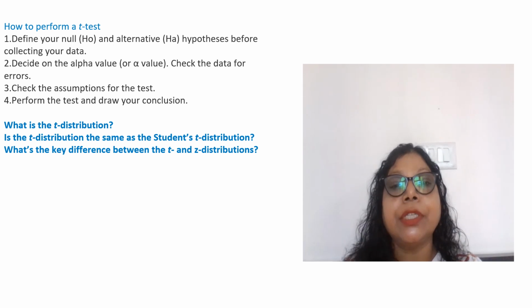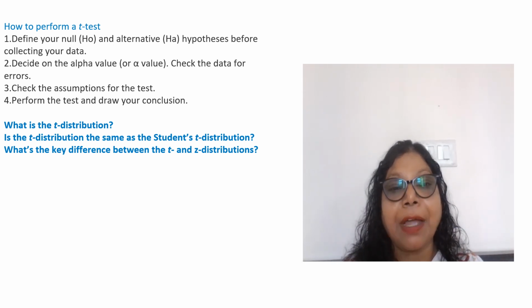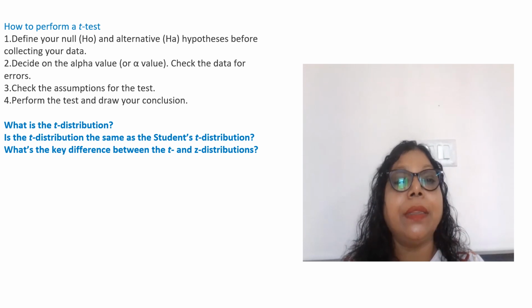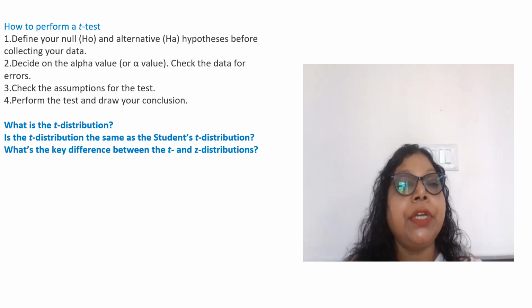For example, suppose we set alpha to be 0.05 when comparing two independent groups. That means we have decided on a 5% risk of concluding the unknown population means are different when they are not. Once our alpha has been decided, we need to check the data for errors.